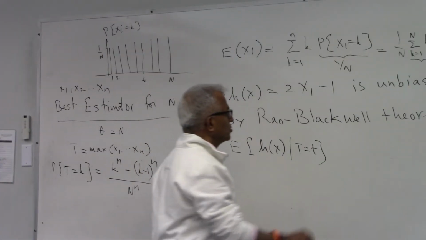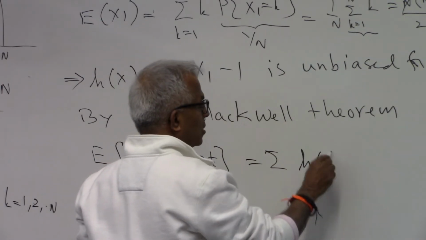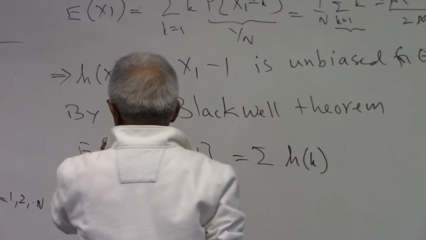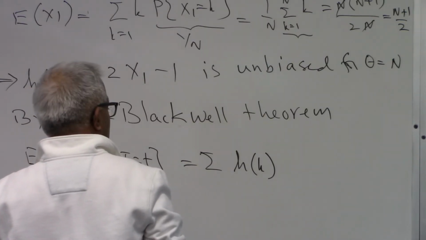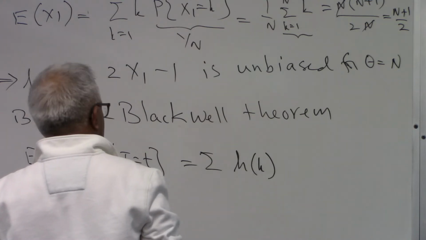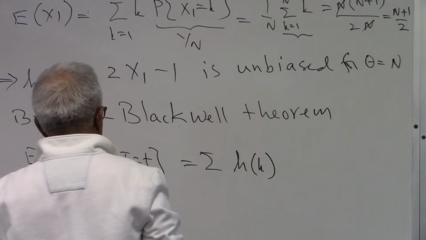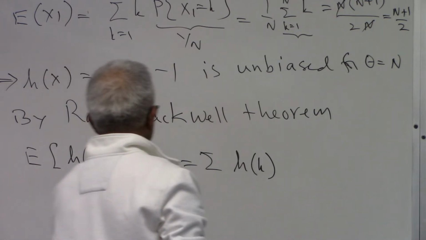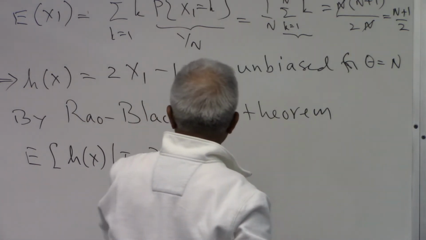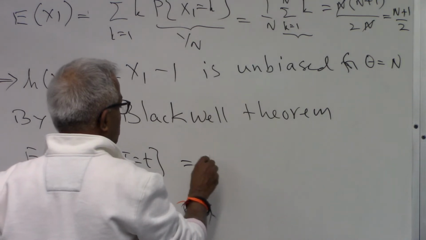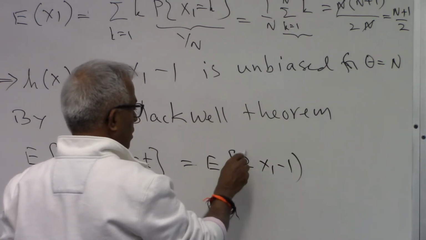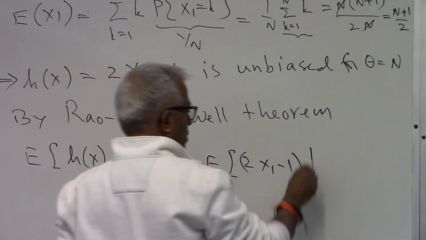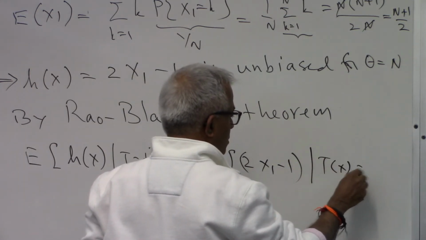So let's just do it. Let's simplify as much as possible. This is the expected value of h(x), here 2x1 minus 1, conditioned on Tx equal to t.